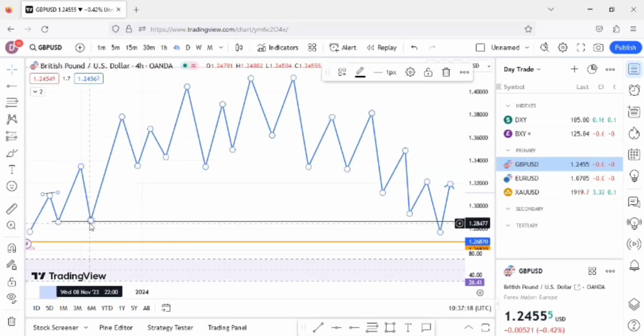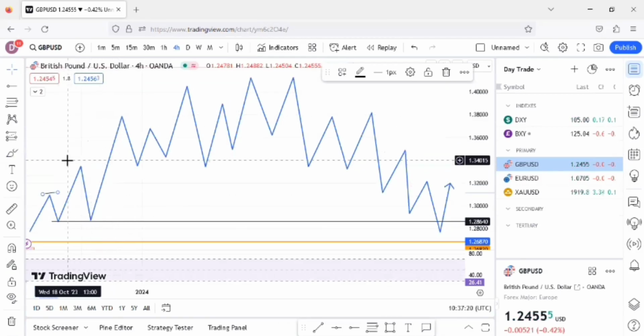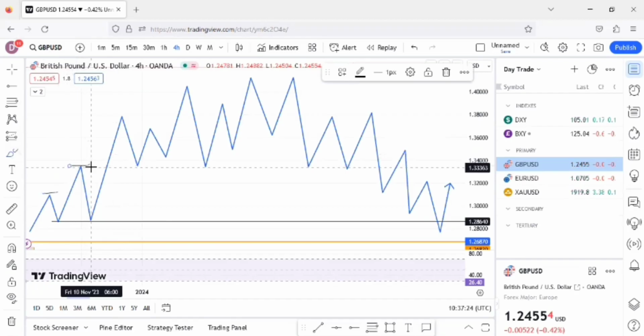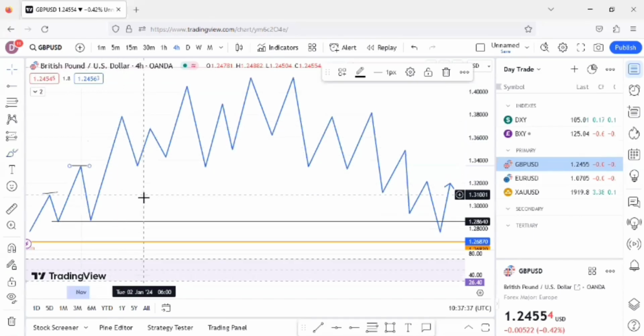After that massive impulse leg, the moment there is also a break of structure, you'll be expecting a correction again. You have an impulse leg, you have a correction leg. So you'll be waiting for that correction leg to move to another demand level before you start to buy again.